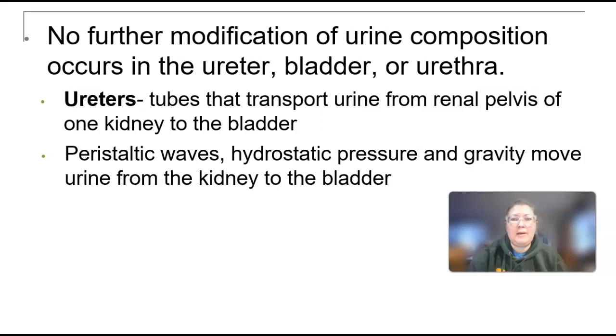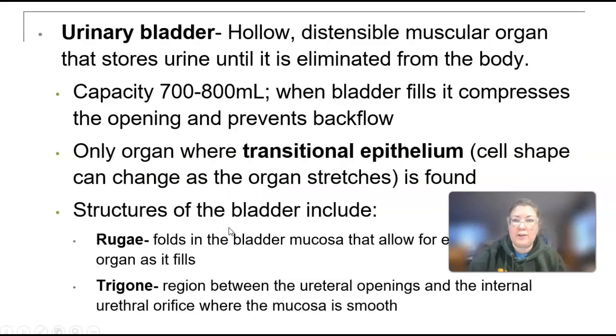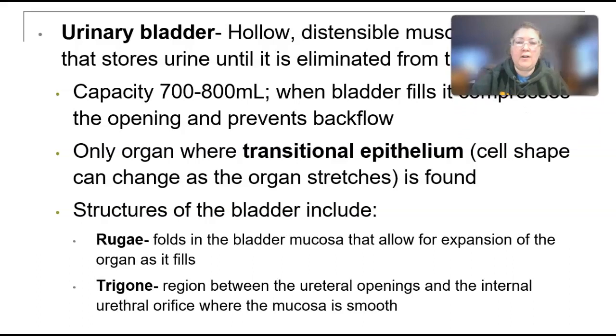This is aided by gravity and some peristaltic waves with the smooth muscles that are found in those very, very thin tubes. Once the urine gets all the way down that ureter, it's going to enter the urinary bladder. Each ureter does have a separate opening in the urinary bladder, one for the left and one for the right.